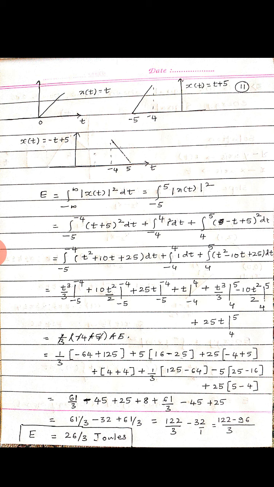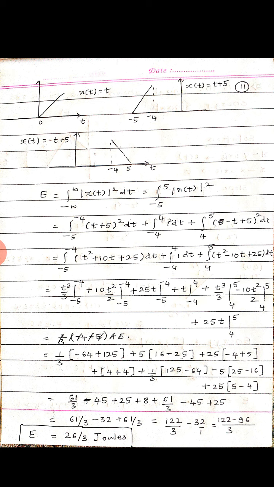And next integration we have is 1, integration of 1 is t and apply the limits, that is minus 4 to 4, and the last integration, integrate each inside term, again t square integration is t cube by 3, apply the limit, and here it is minus 10t, so minus 10 I will keep as it is, integration of t is t square by 2, apply the limits, and 25, integration of 25 is 25t, apply the limits.